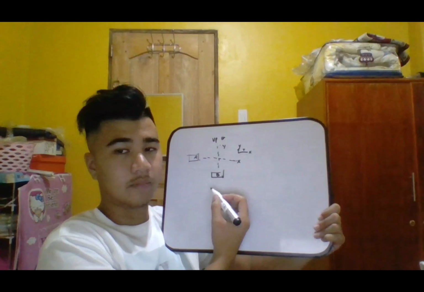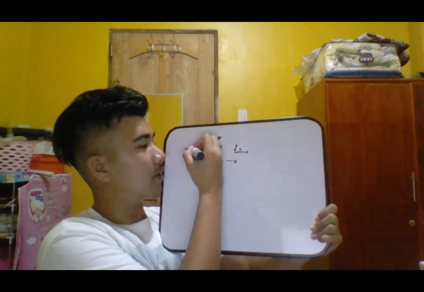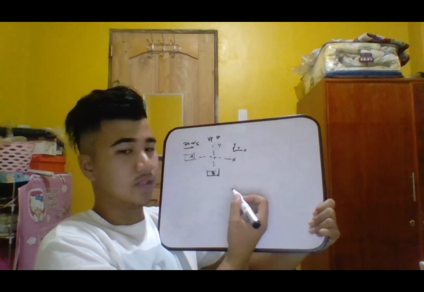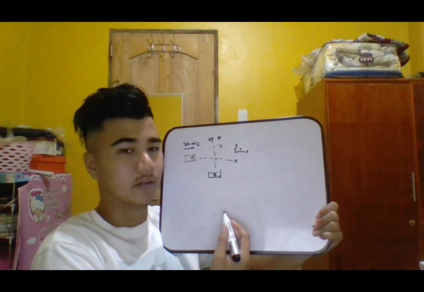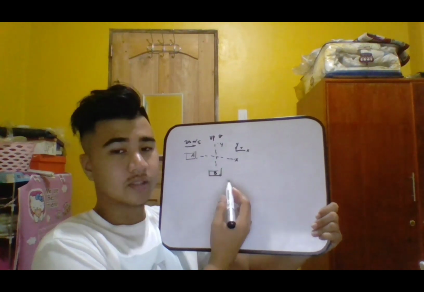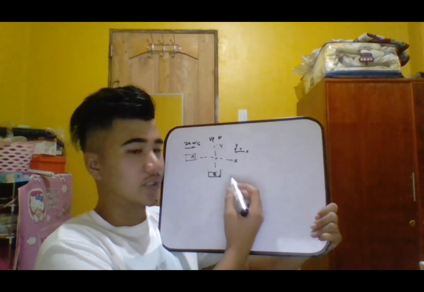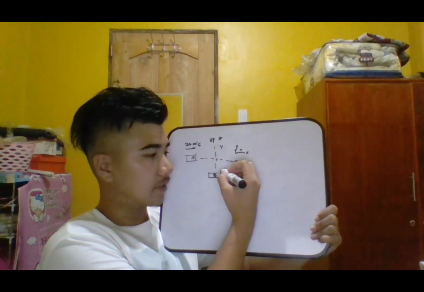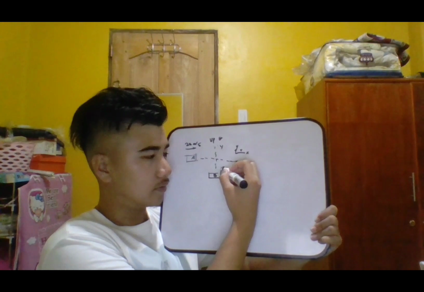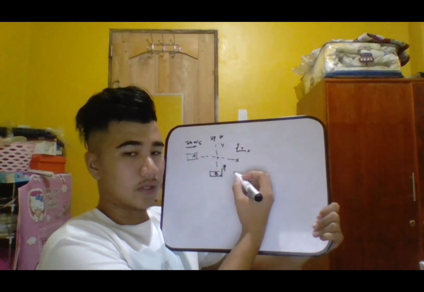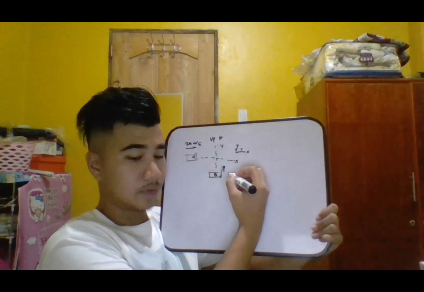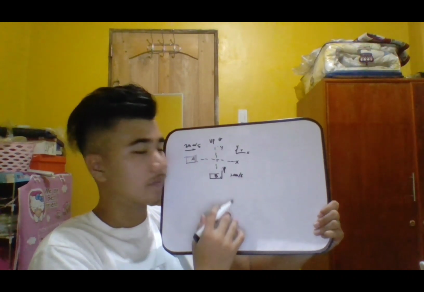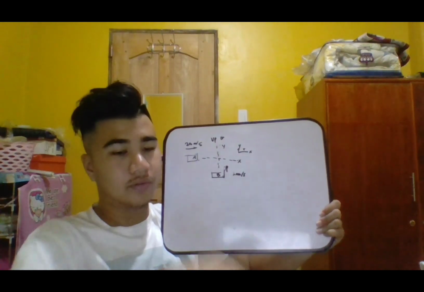Vehicle A is traveling at 25 meter per second with a mass of 1,500 kg. Pa-travel siya sa east or positive X direction, and si vehicle B naman is pa-travel pataas dahil north with the speed of 20 meter per second. Dahil sa north siya nagtatravel, positive y direction yun.